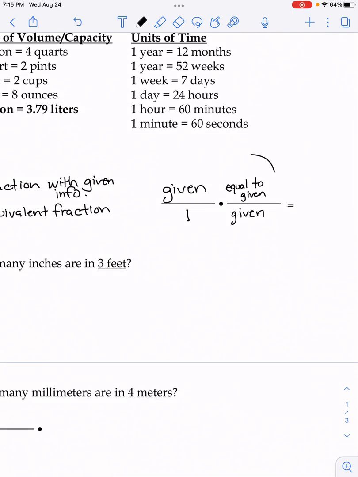The reason we do this is, let's say you have 6 divided by 6. You're given 6, and you have something equal to that given, which is also 6. 6 divided by 6 is 1. If you have 14 divided by 14, these are equivalent fractions, that's also equal to 1. So what's really happening is these fractions that we set up, just put a 1 there. Let's erase this. It'll be equal to the same thing here.